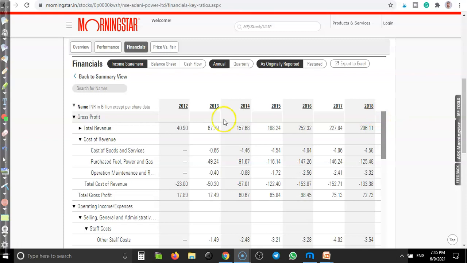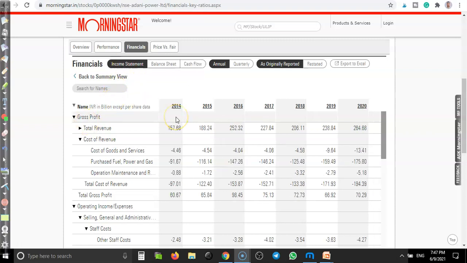So here first you just go to financials, and first income statement, next balance sheet, third cash flow. So first income statement, let's see growth. Total revenue 2014 156, next 188, 15 to 16, then increasing.